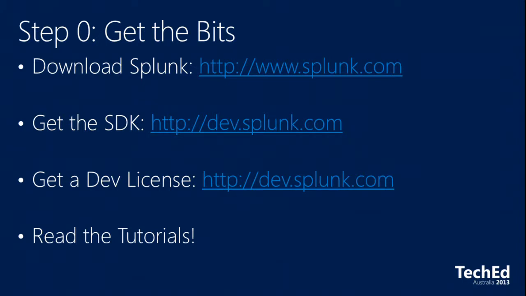We obviously like C# in Microsoft land, but there are other languages out there, the most notable one being JavaScript for most people. Number three is get a dev license. We give away 10 gigabyte per day licenses that allow you to ingest all your data from all your systems. And then finally, read the tutorials.